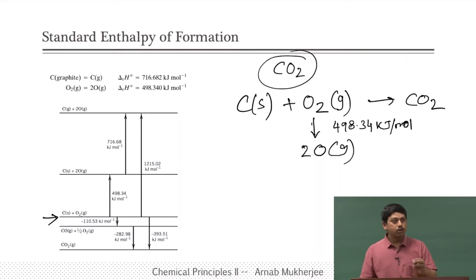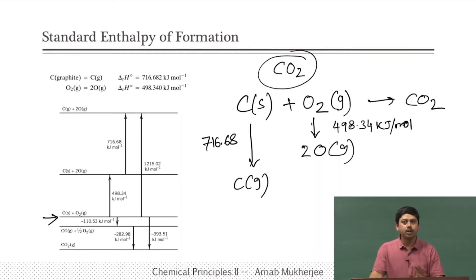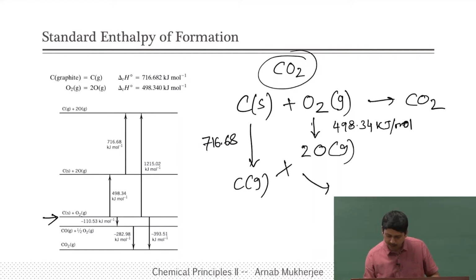Again, carbon also needs to go from solid state to gaseous state, right, and that requires 716.68. So, these are endothermic processes because we have to supply enthalpy, but then once we get these two things, we can add them together and it will form CO2, which however is an exothermic process.